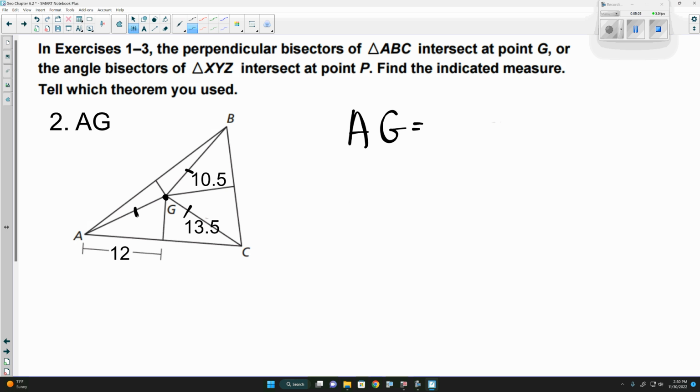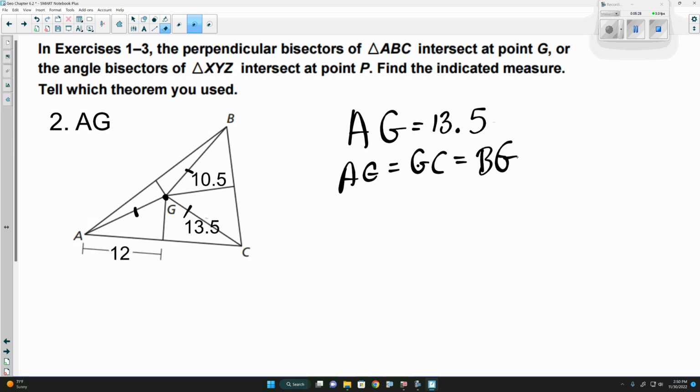So AG is 13.5 because AG is going to be the same as, not AC, sorry, it is GC, which is the same as BG. Because the distance from the circumcenter to the point, or the angles, is all going to be the same. Yes, ma'am.